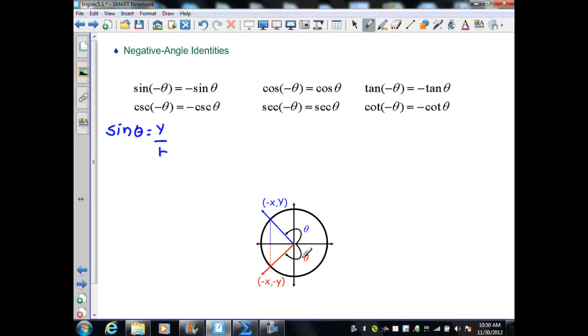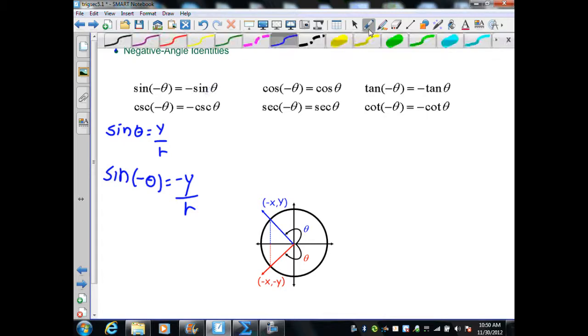And negative theta, I can have sine negative theta equal to, again, opposite over hypotenuse, but that would be a negative y over r. So we can see that sine theta and sine negative theta are opposites. Therefore, to get these to be equal, I need to make sine theta negative. And that's how we generate sine negative theta equals negative sine theta.